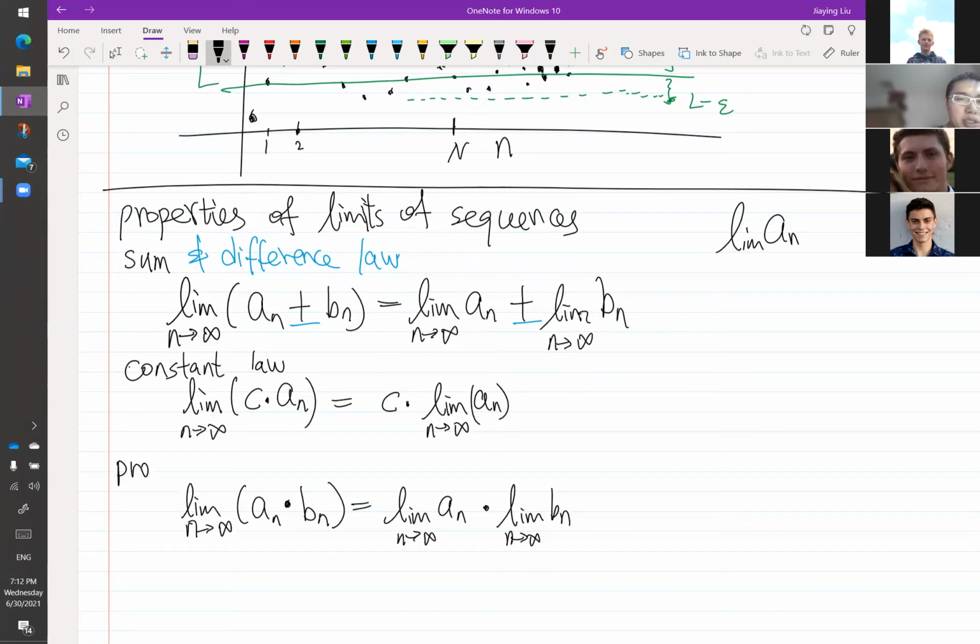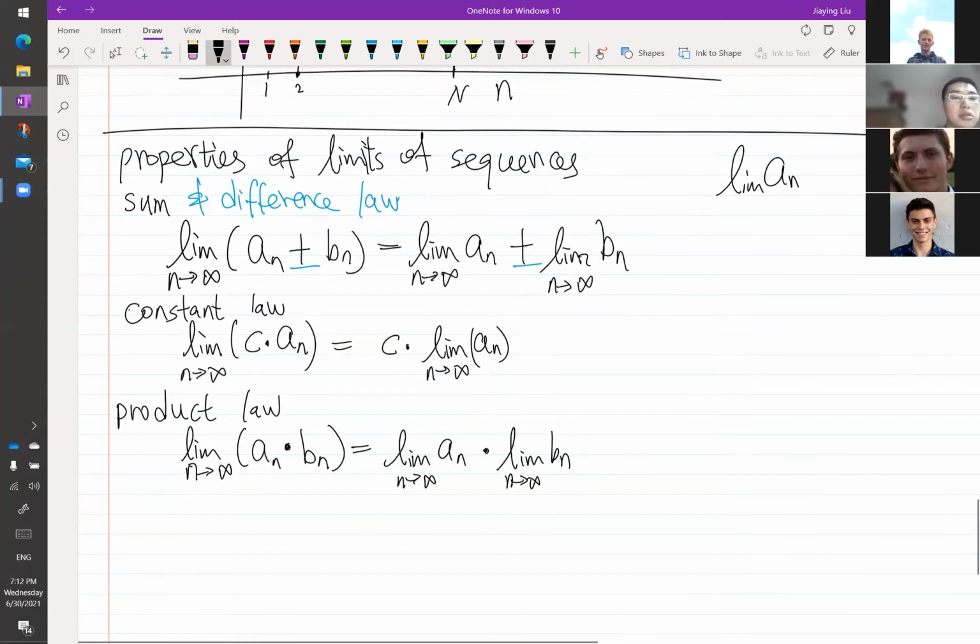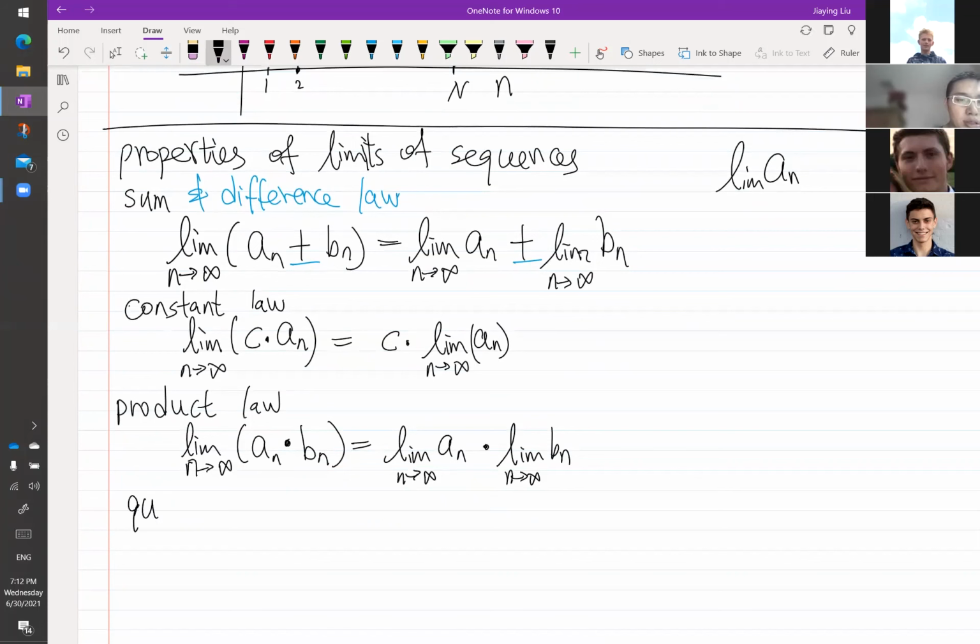This is the product law. And then obviously there's the quotient law. It's the same format. So if you have the limit as n goes to infinity of a_n over b_n, that's going to be equal to the quotient of the limits.